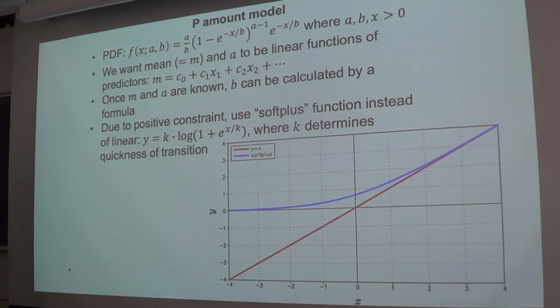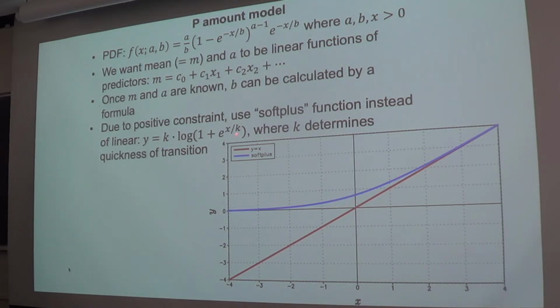And then there's one little issue, which is that linear doesn't work because these parameters have to be greater than 0. So we use this function from the machine learning literature. It's called softplus. It's linear when your argument's positive, and then it smoothly shifts to being bounded by 0.